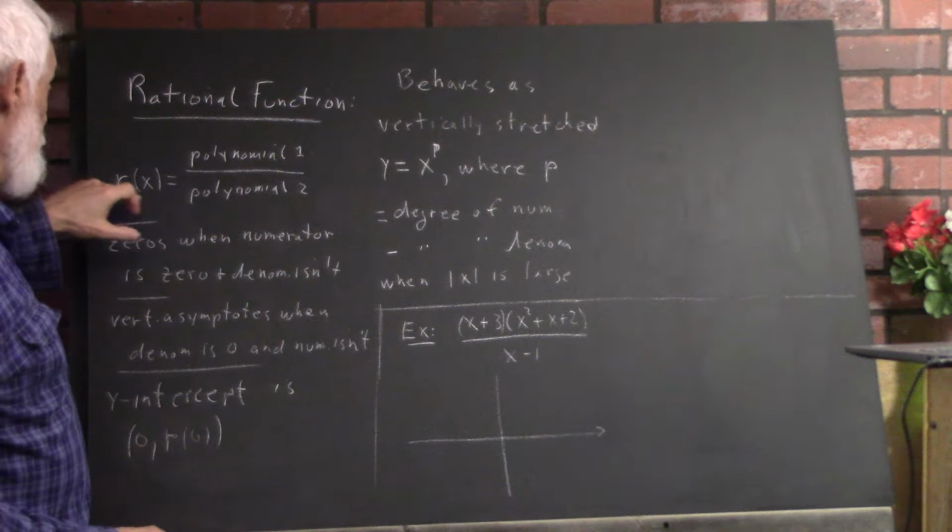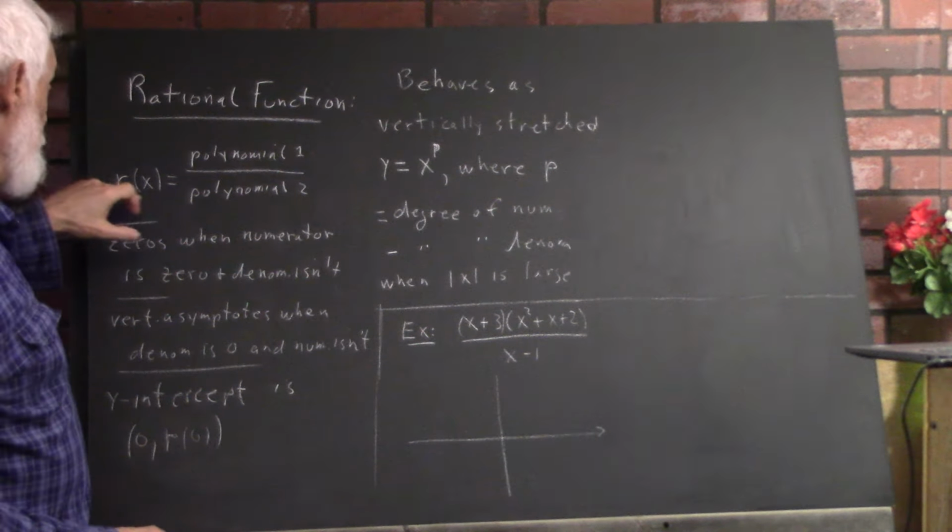Okay, the y-intercept is at 0, r of 0. In other words, to get the y-coordinate of this intercept, we plug 0 into the function, and we get what? 3 times 2 over -1.